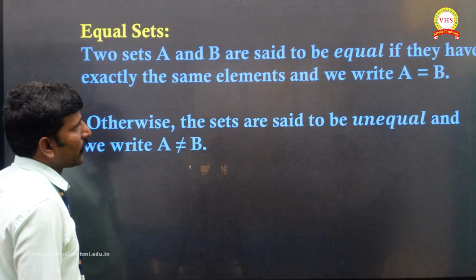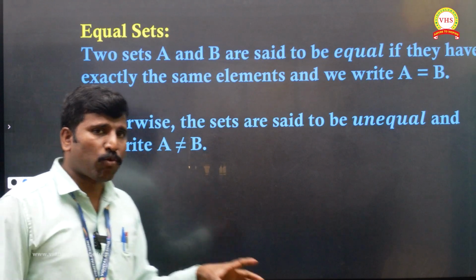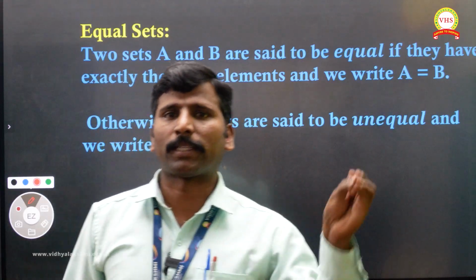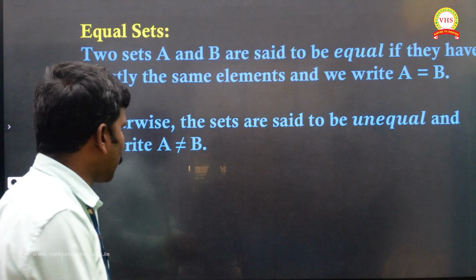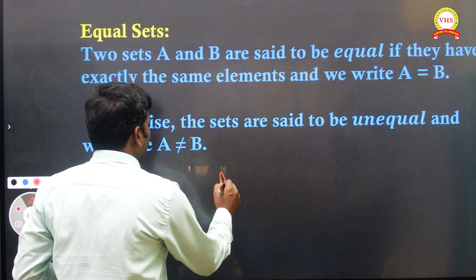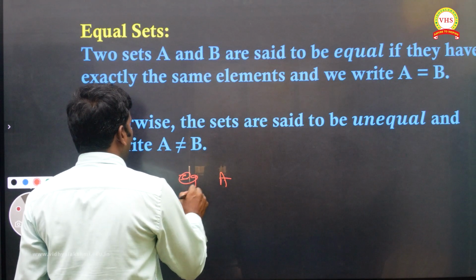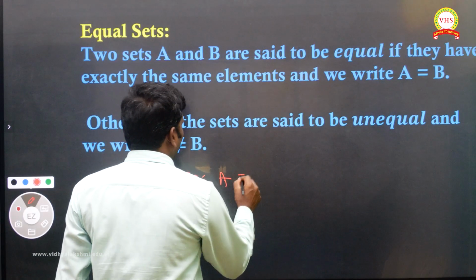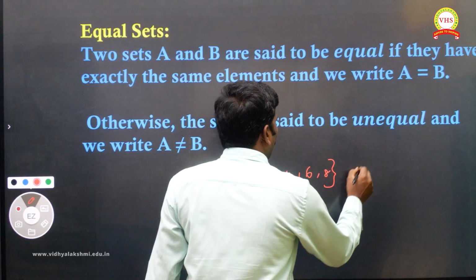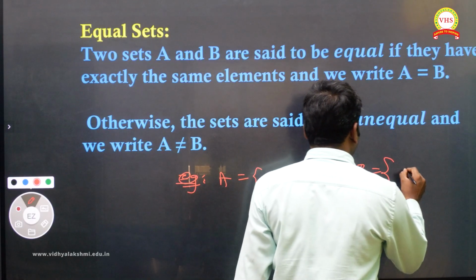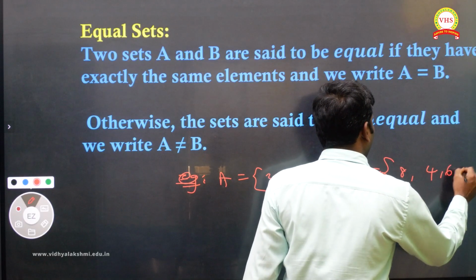Equal set. Equal set in the sense, equal number of elements we have, or else same numbers we have in the set. For example, A is equal to 2, 4, 6, 8, and B is equal to 8, 4, 6, 2.